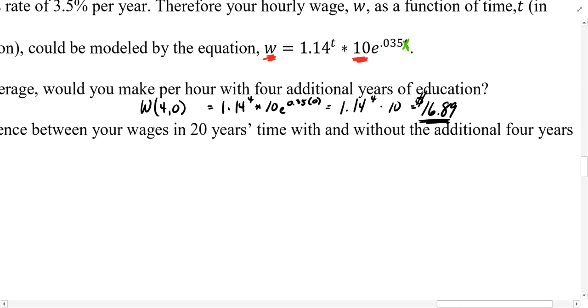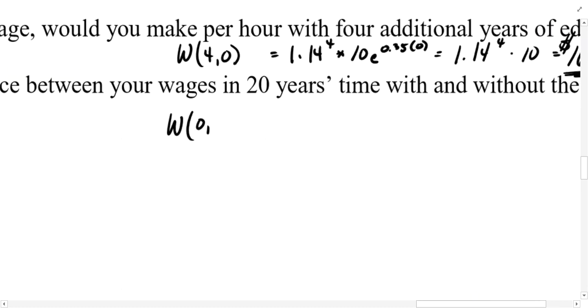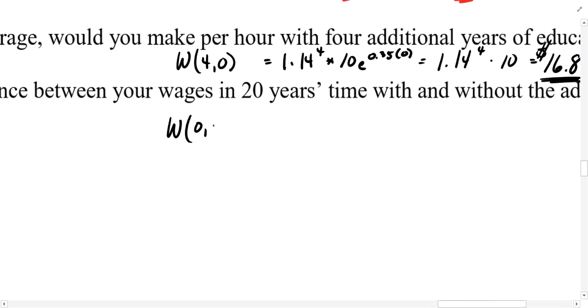Almost $17 an hour. Now, what would happen if you didn't spend any extra time in school, 0 years of school, but 20 years of experience on the job? That's 1.14 to the power of 0 times 10 times e to the 0.35 times 20.